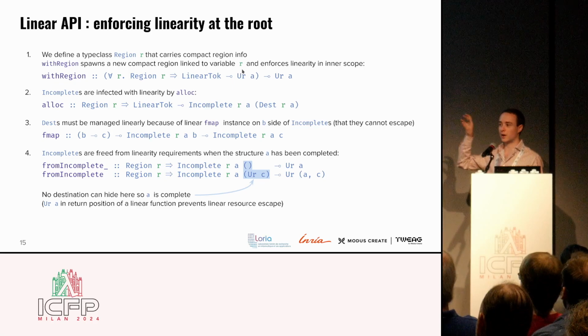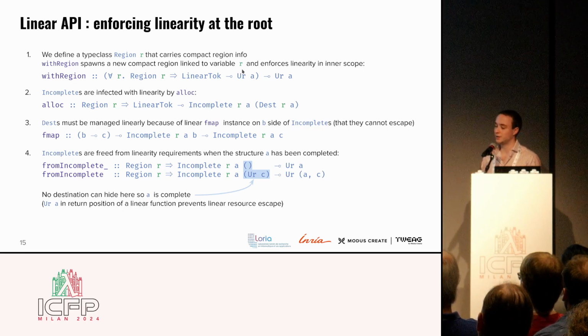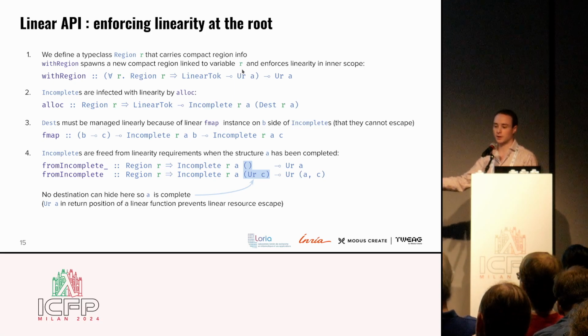So because we have UR in return position, the user is forced to consume the linear token in the scope. The linear resource cannot escape the scope because it would break linearity.